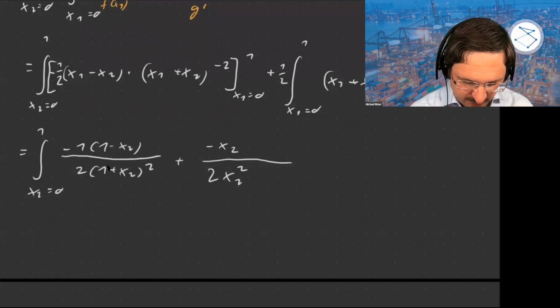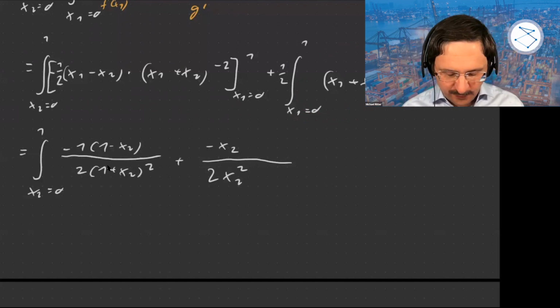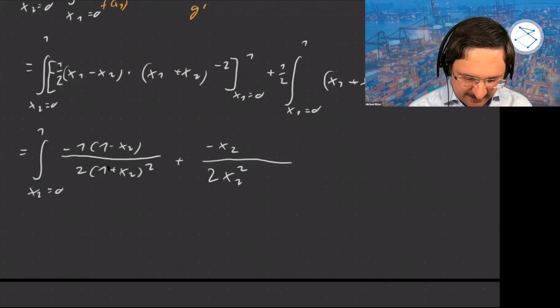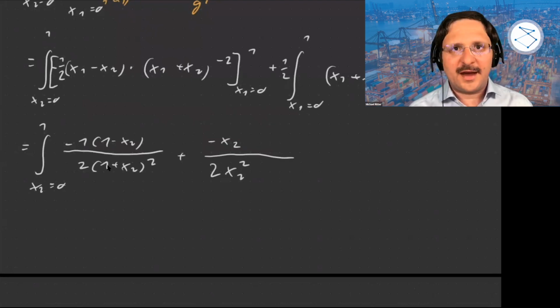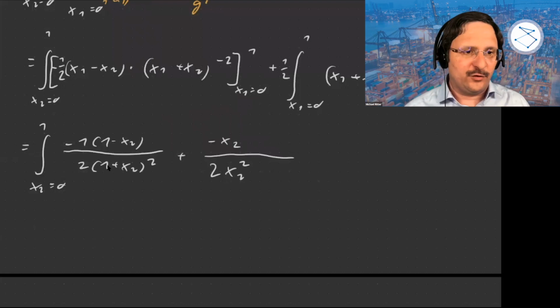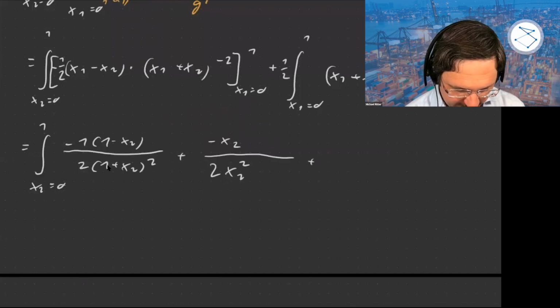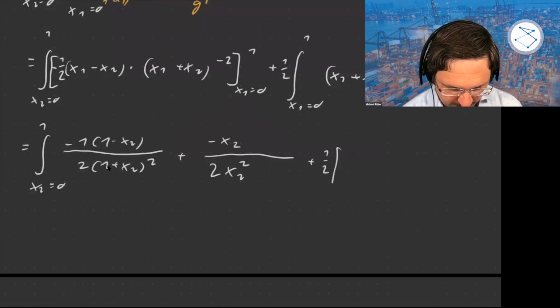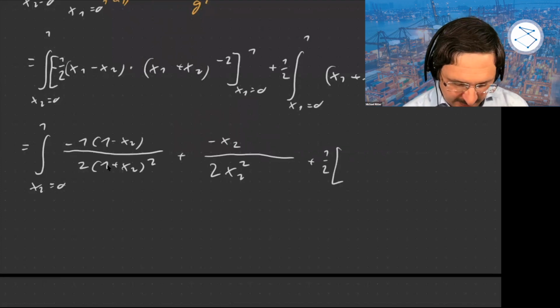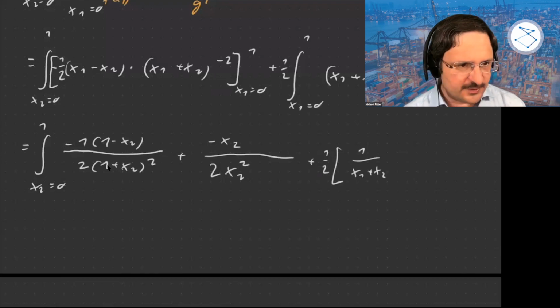And then, of course, we have to compute this integral. And that works in the same way as we already tried before. So we have something to the power of -2. We integrate that. That yields something to the power of -1 divided by -1. So what we get is plus 1/2, and then we have 1 over x1 plus x2.